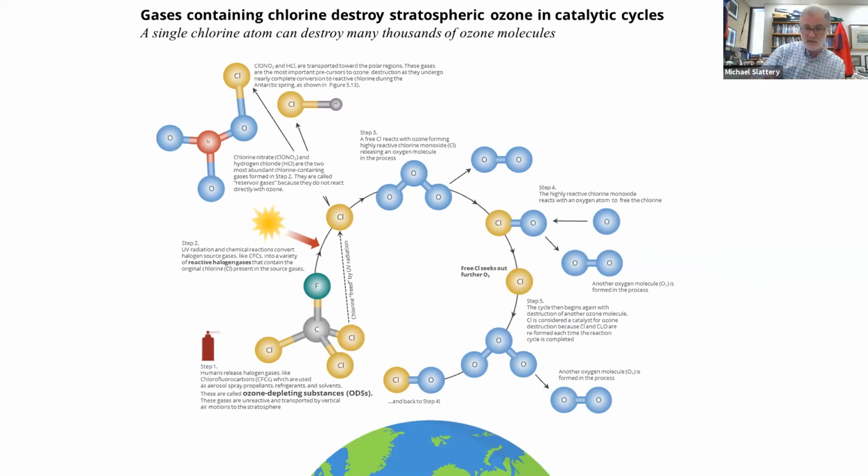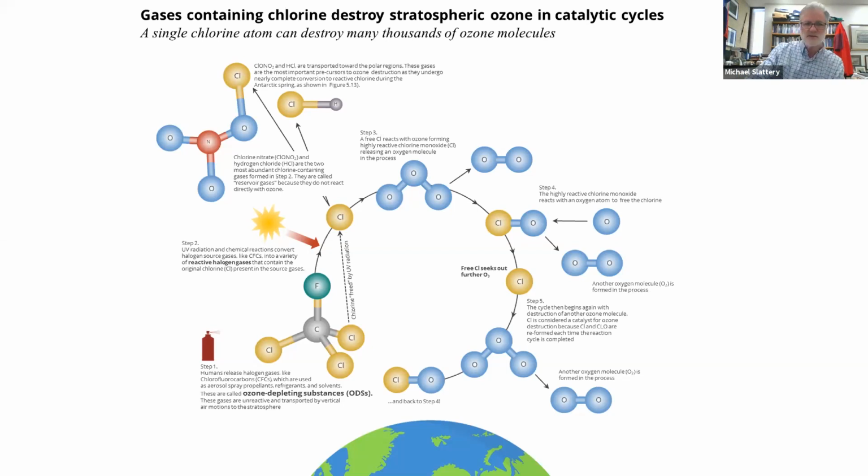Then the much bigger part of the story, which we haven't gotten to yet, is why is the destruction of ozone so significant over the polar regions, right? Ozone is destroyed in the tropics, that's true, but it's at a much lower level and far less significant than occurs over the poles, and especially Antarctica, right?